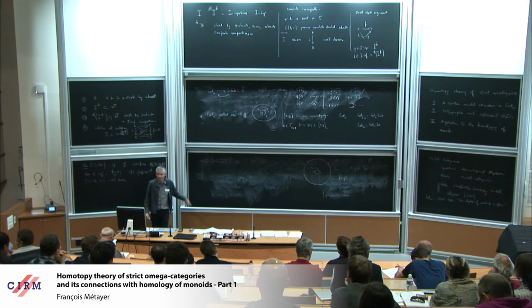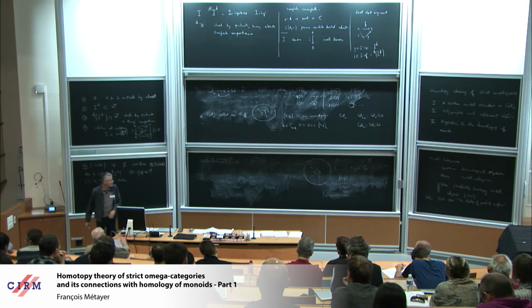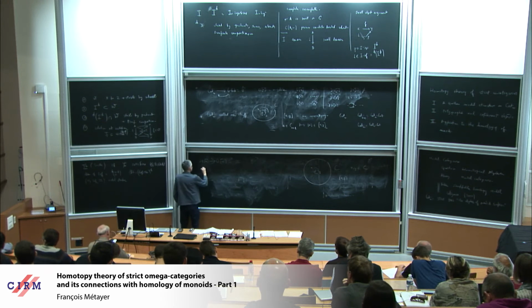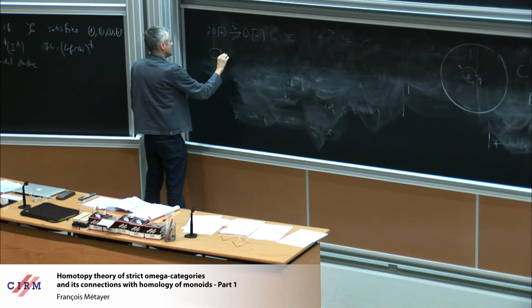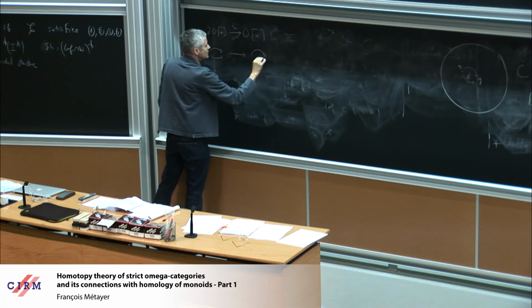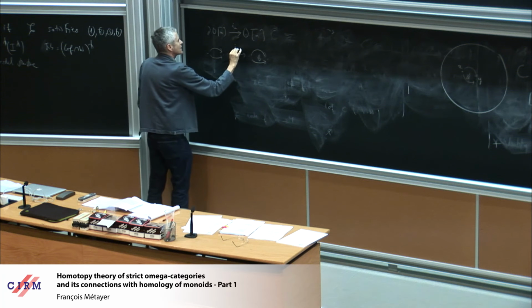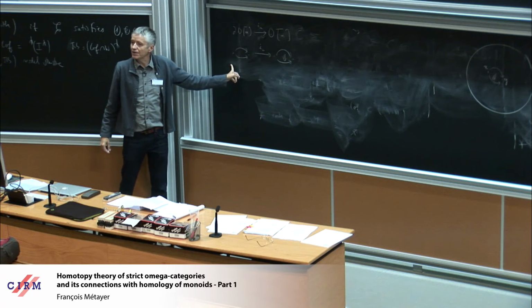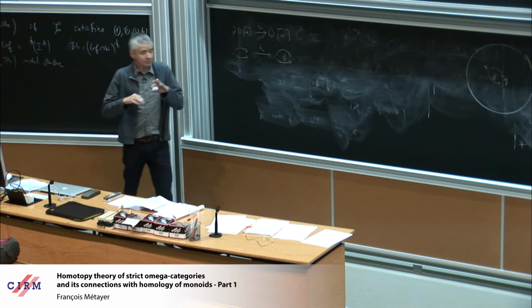It's a morphism of omega cat. For n equals 2, it simply takes, for instance, this picture and inserts it in the 2-globe like this. So that's an example of I_2.